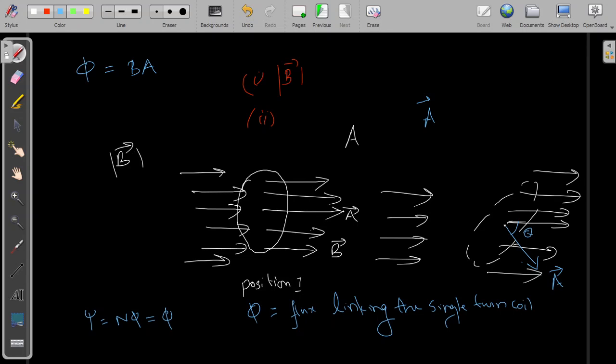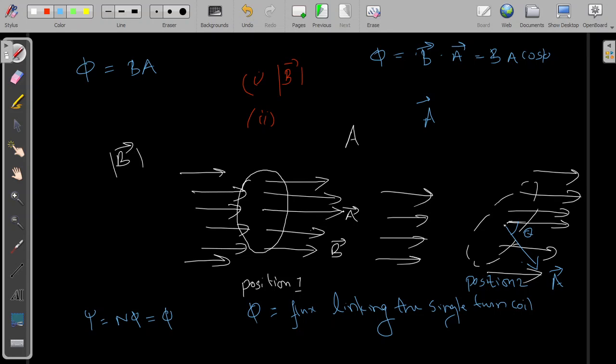But in general, phi is defined as the scalar quantity phi equal to vector B dot vector A, that means B A cos theta. So the effective area in position 2 of the single turn coil has reduced by a factor cos theta.